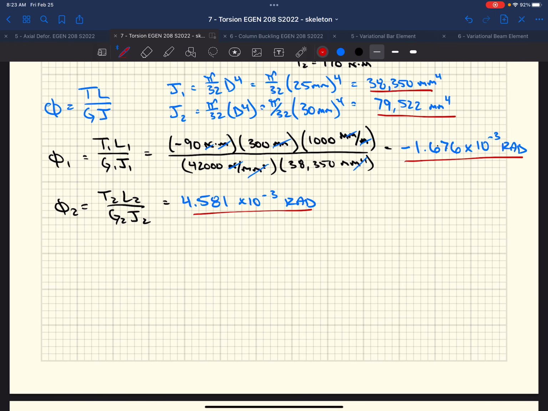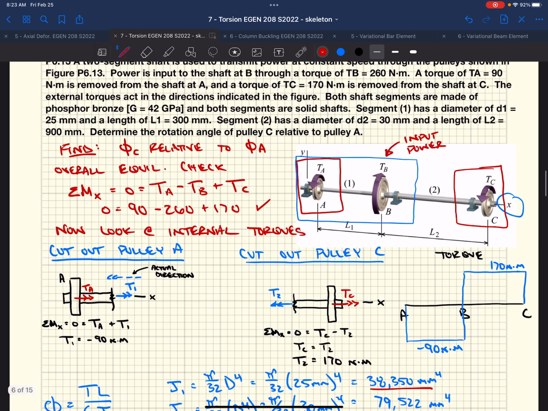We're not done yet though. We have to figure out what is the rotation of C relative to A. So we kind of have to stand on this shaft at A, and as we look down this shaft, shaft 1 is going to have a negative torque, so it's going to be rotating to the left.